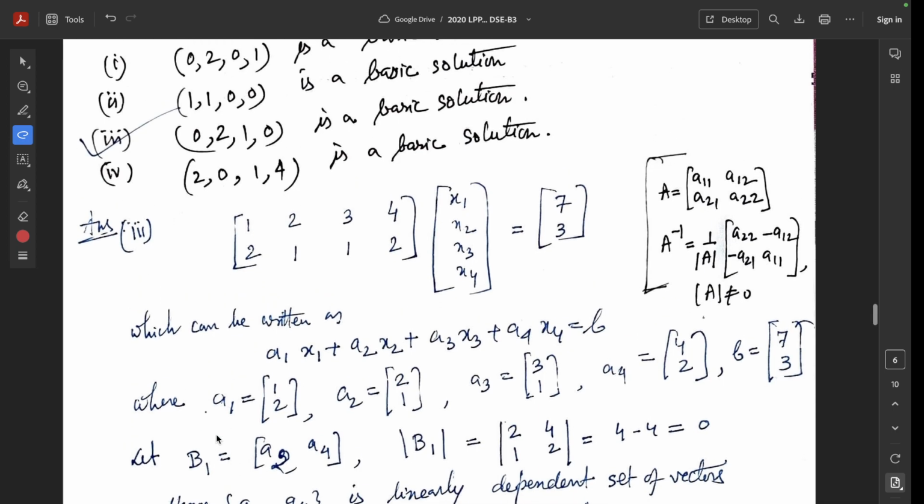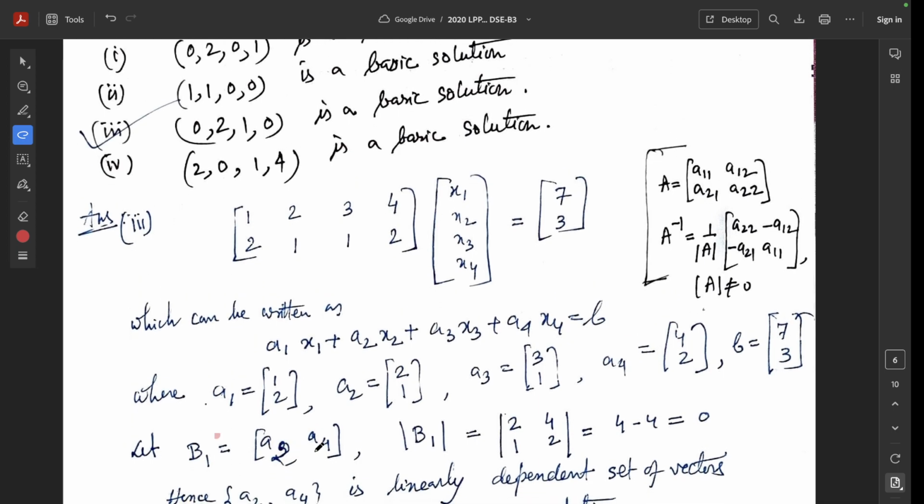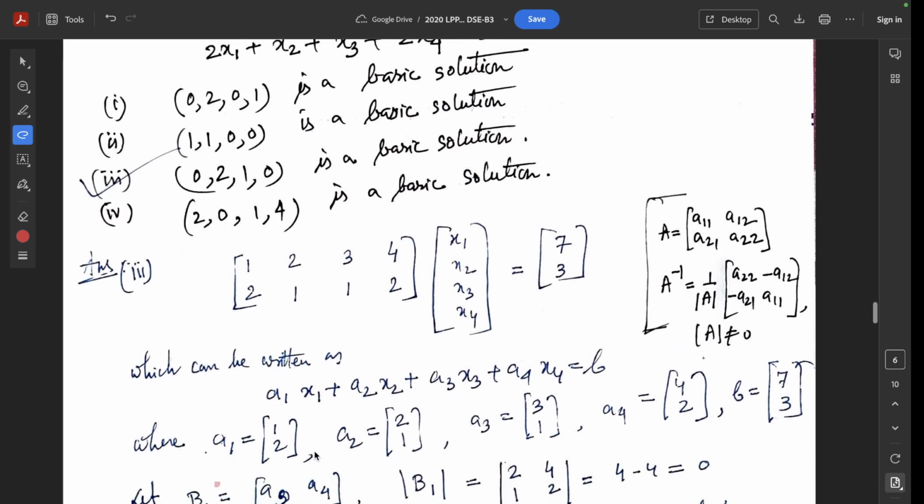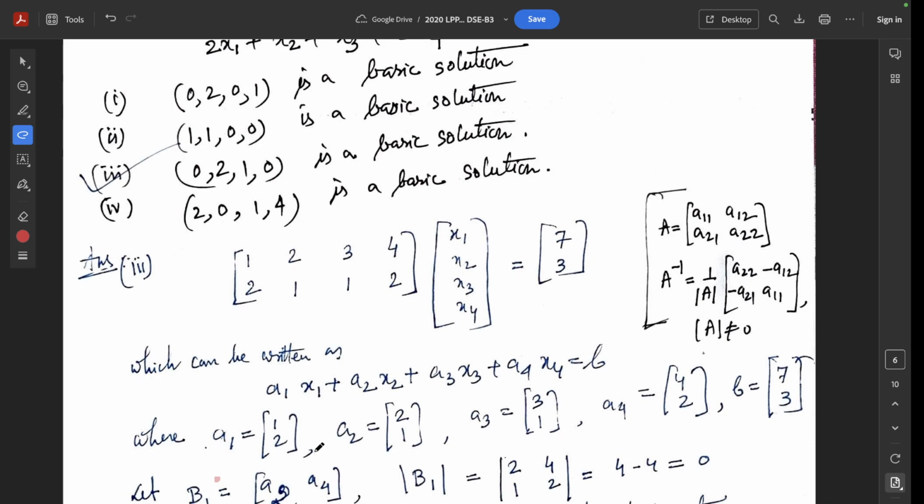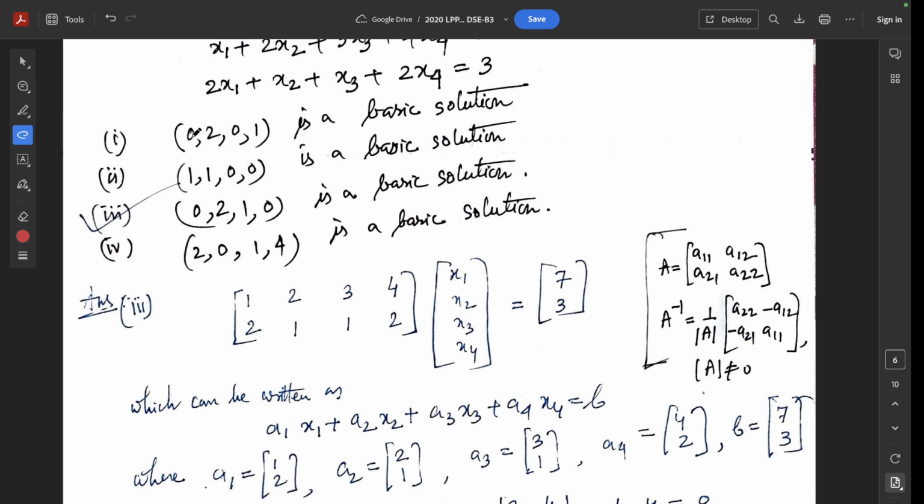Let B1 equal to A2, A4. Here the maximum number of linearly independent vectors is 2, because this is a 2 by 4 matrix. So for this first option, we choose this 0 and this 0 as the non-basic variables.